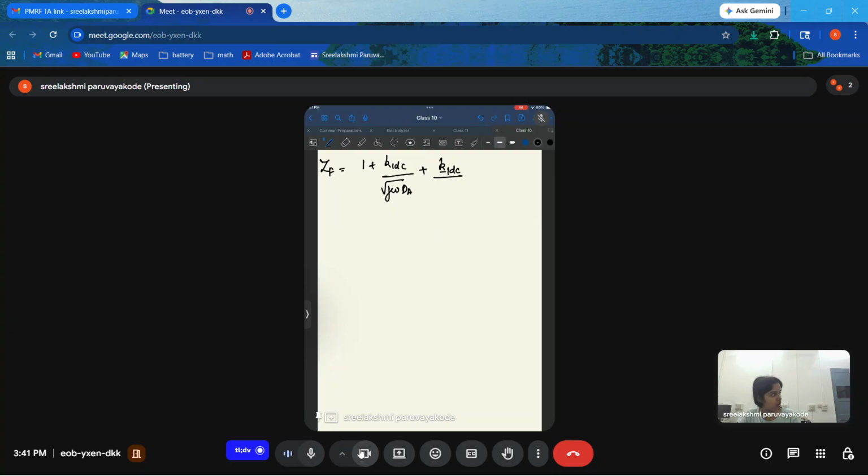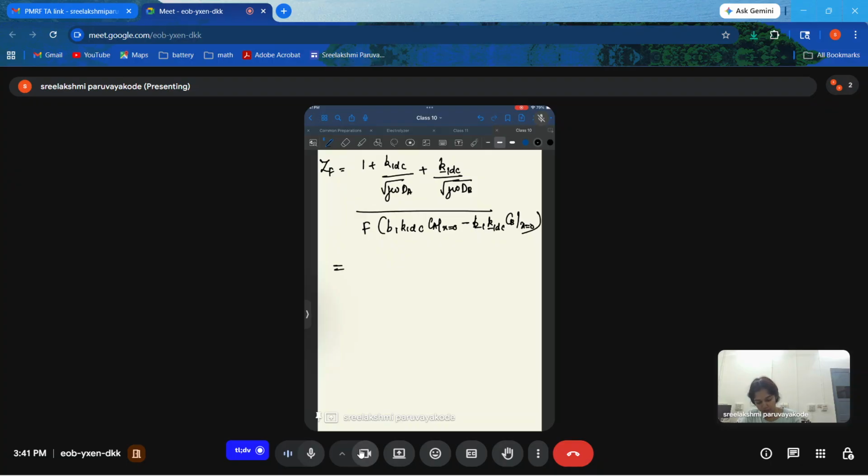K1 DC by root of jω DA plus K minus 1 DC by root of jω DB by F into B1 K1 DC CA at x equal to 0 minus B minus 1 K minus 1 DC CB at x equal to 0.